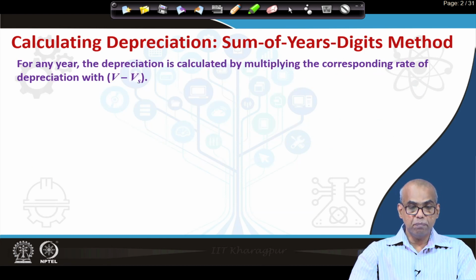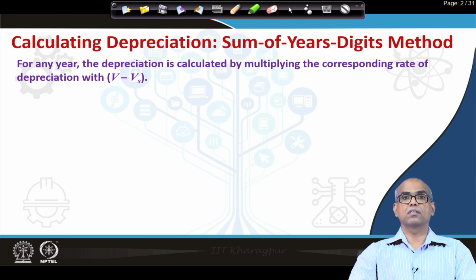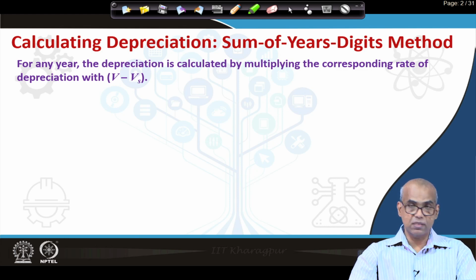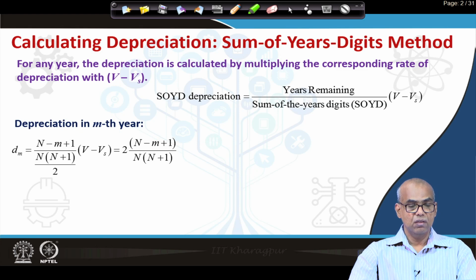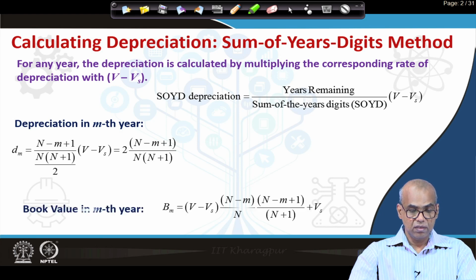For any year, the depreciation is calculated by multiplying the corresponding rate of depreciation with V minus Vs. V is the asset value, Vs is the salvage value. So, sum of years digits depreciation is equal to years remaining divided by sum of the years digits multiplied by V minus Vs. In terms of formula, you can write depreciation in the mth year as well as the book value in the mth year.